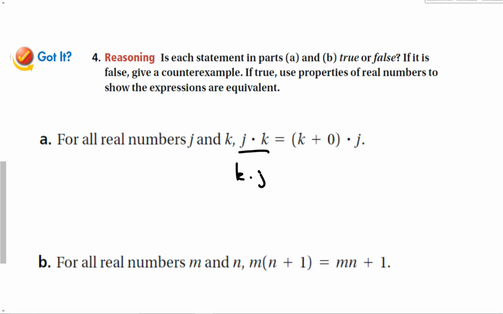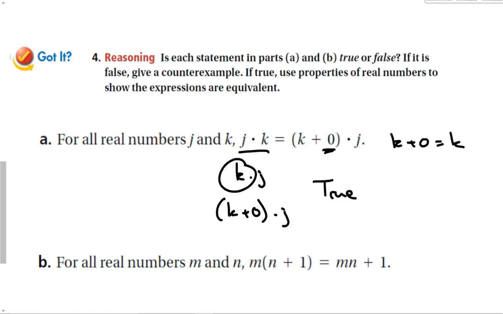And then I can use the additive identity, right? That's 0. If I add 0 to something, it is still k, because we can say that k plus 0 is still k. So I can replace this k, I can substitute it with k plus 0 and still multiply it by j and still have the same answer. Okay, so this one is true.